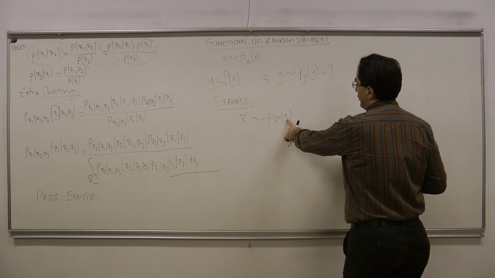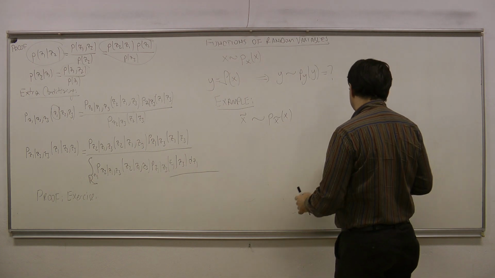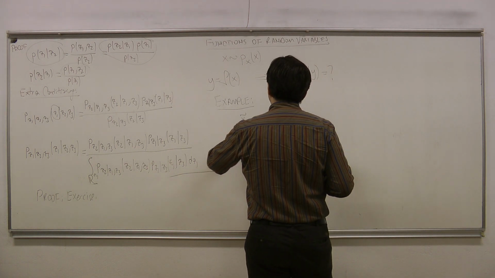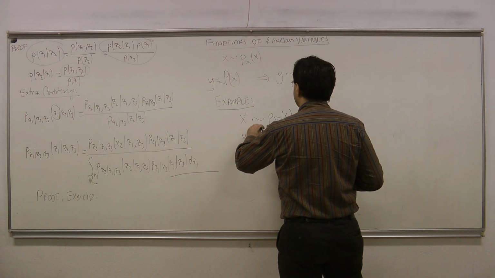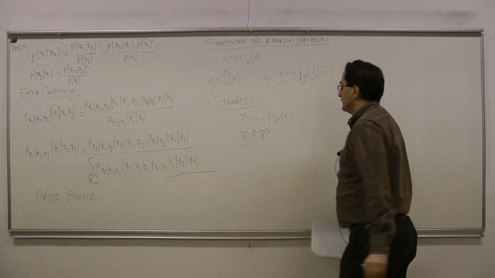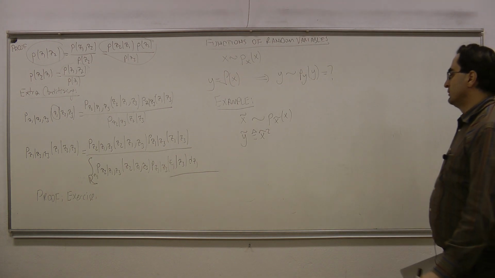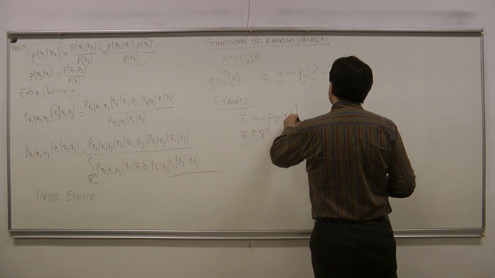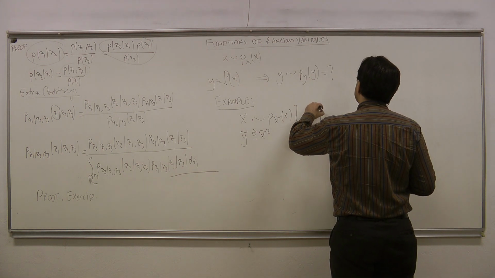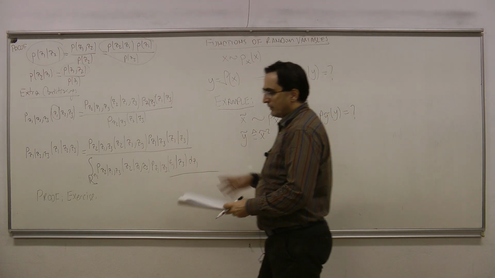The realization is shown as x, and the random variable itself is shown as x tilde. Okay? And suppose that y is equal to x squared. So this is my random variable definition. The random variable y tilde is the square of x tilde. And given this knowledge, what is p_y tilde(y)? Okay?